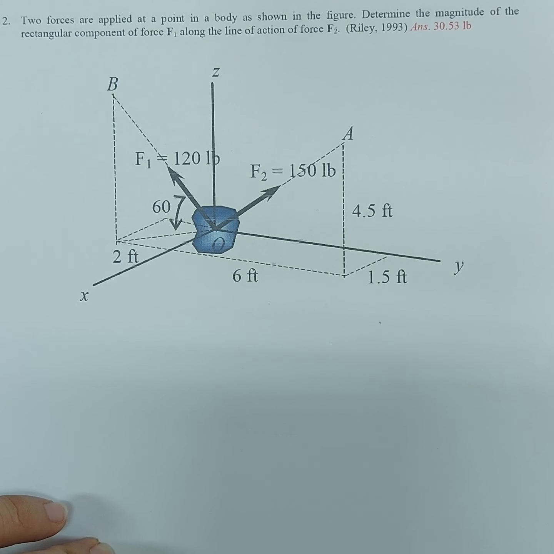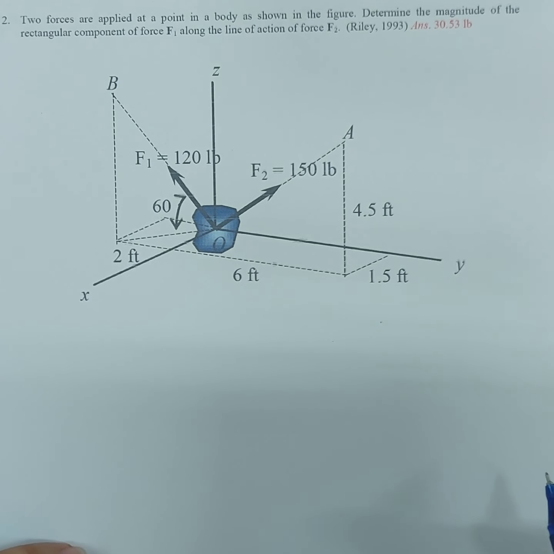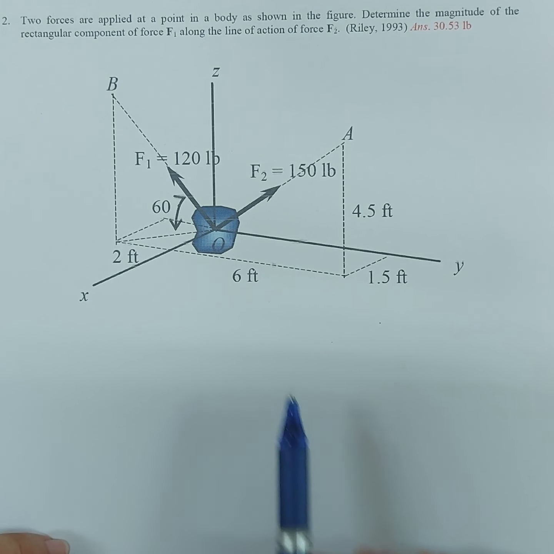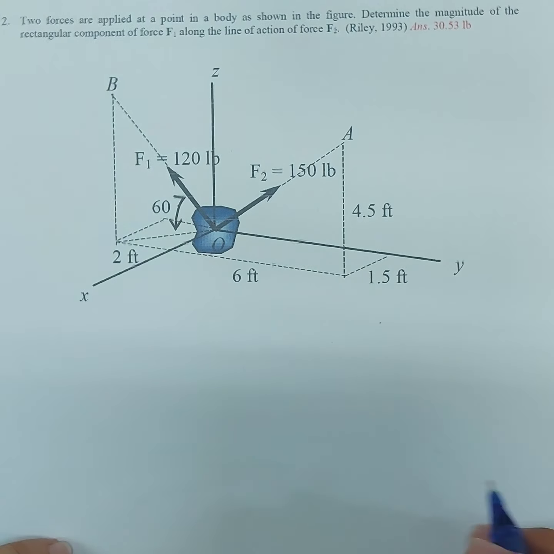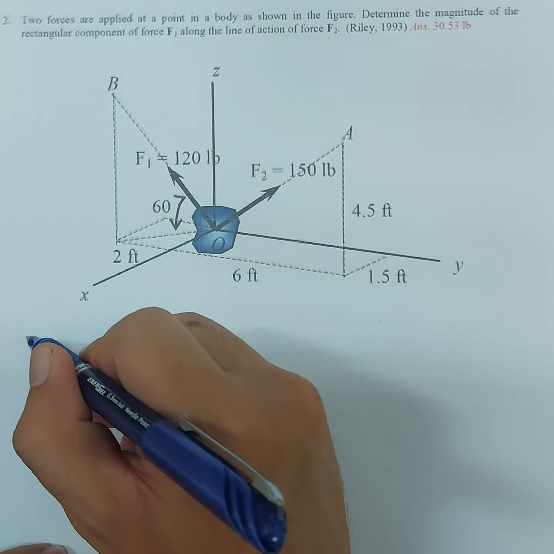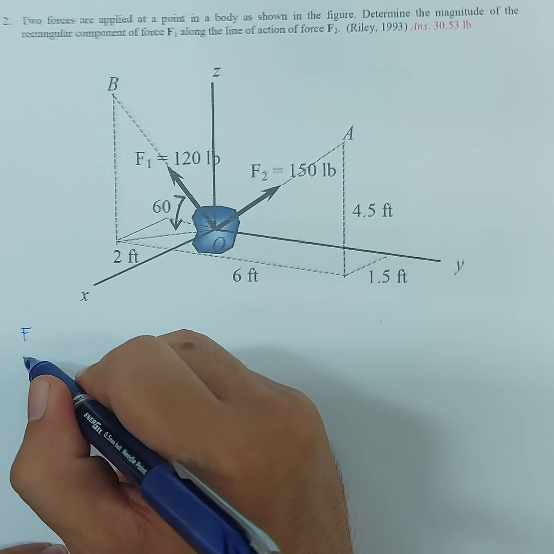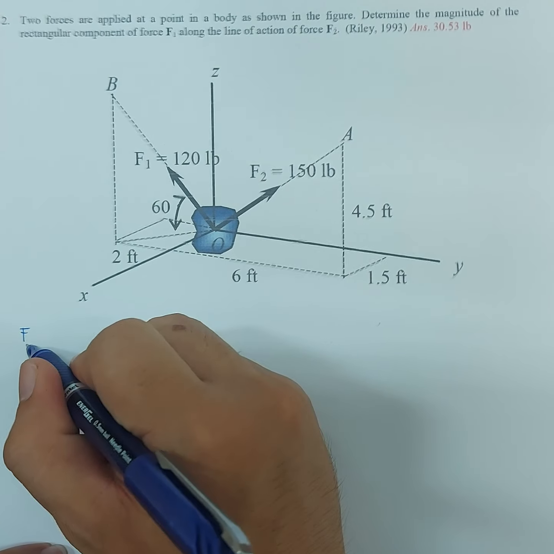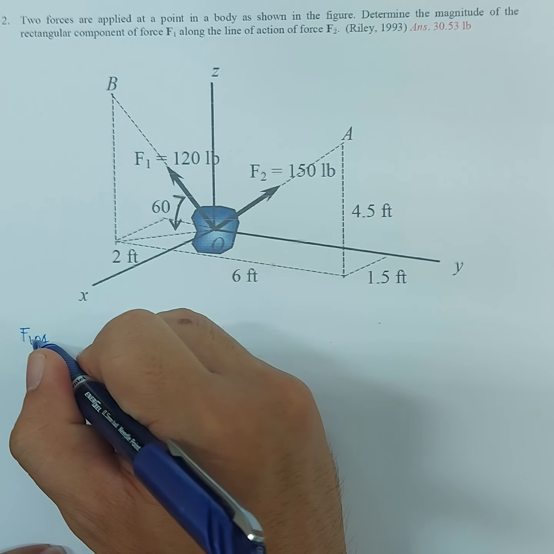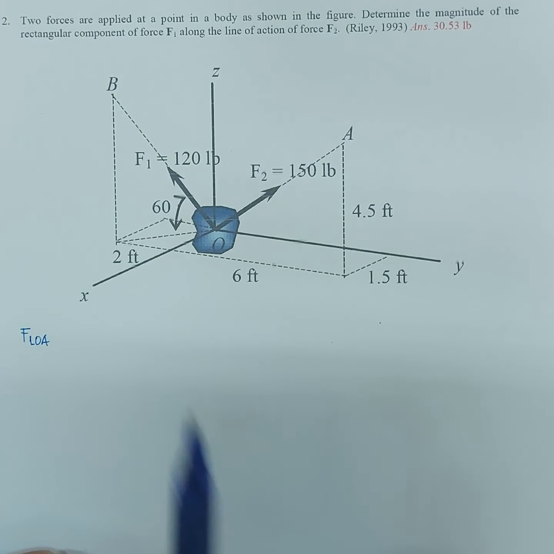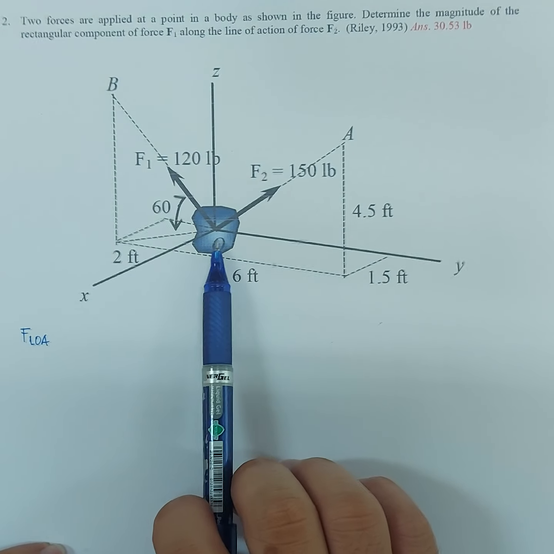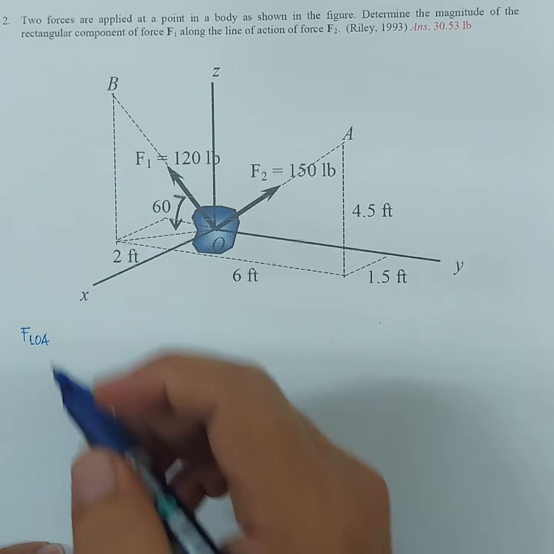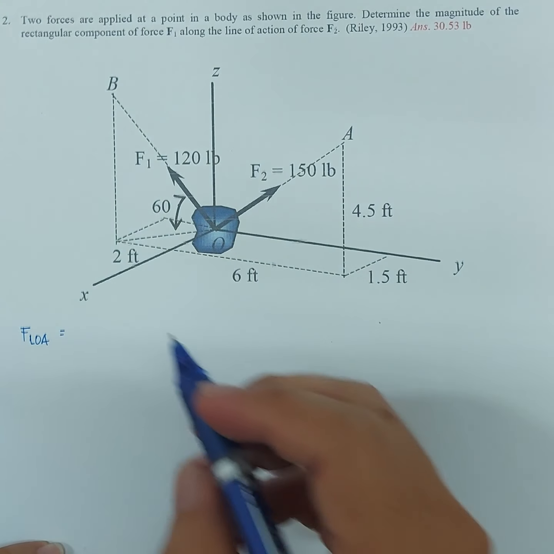Okay, let's say our notation na lang for the component of F1 along line of action of F2, sabihin na lang natin na F1 OA. So which means component of F1 along line of action of F2 or along line OA, is equivalent to F1.